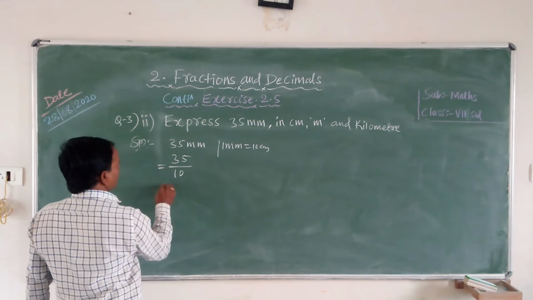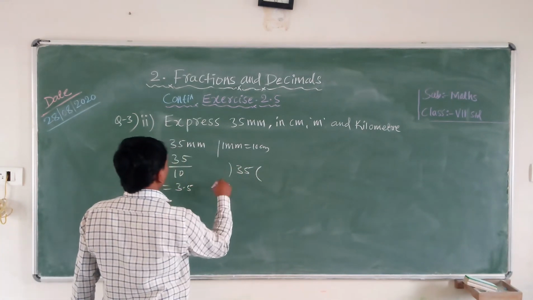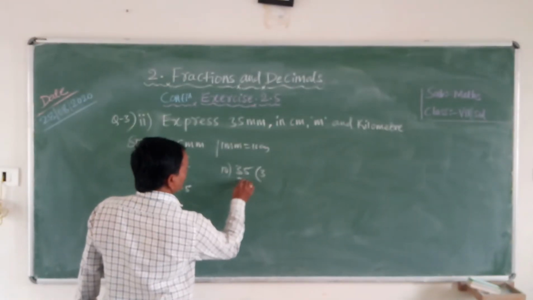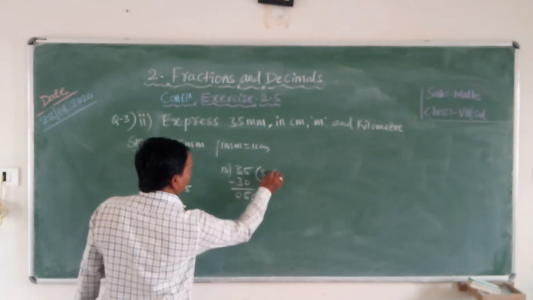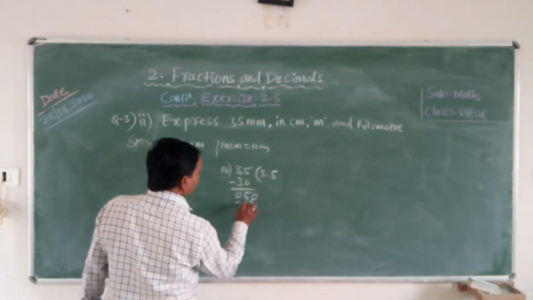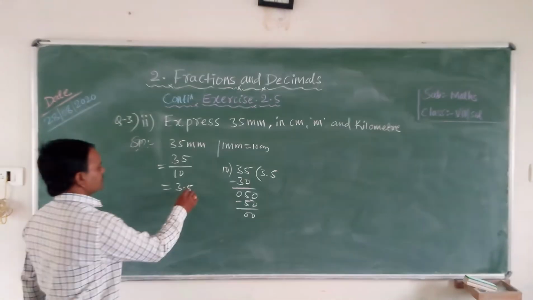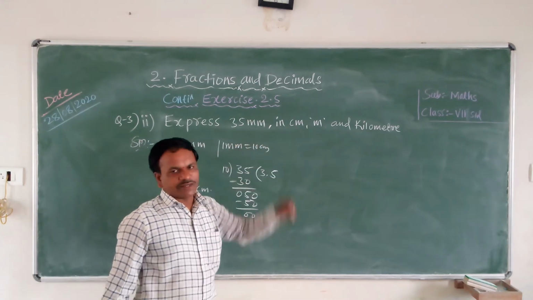So you have to divide. 3.5 will come. See, 35 divided by 10. 10 3s are 30. So 0, 5, 0. To put the point, here take 0. 10 5s are 50. So 0, 0. So what came? Centimeter came. Millimeter to centimeter.